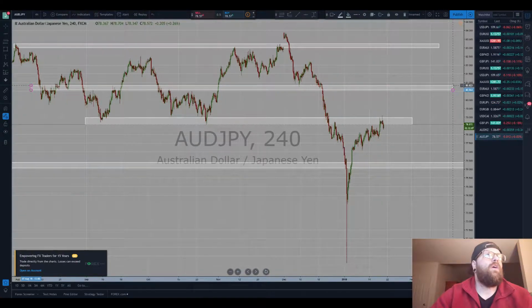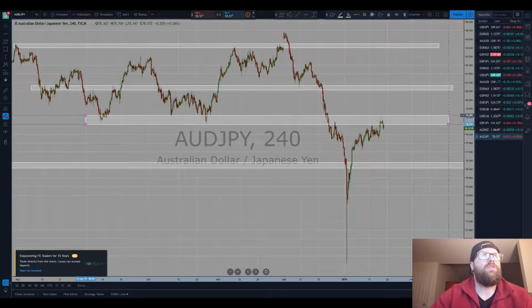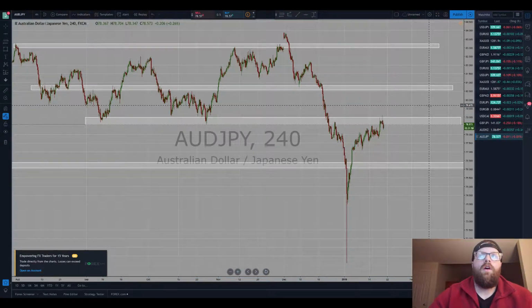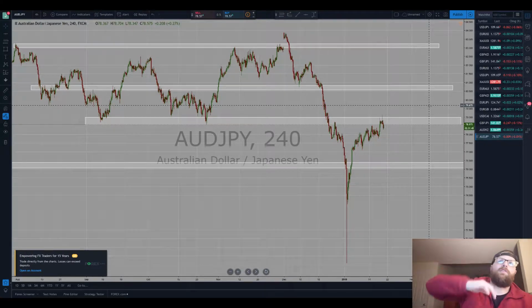And so, why would you use this over using support and resistance? That is a great question, and the biggest reason why I prefer using zones in most situations is because when you're using a horizontal line, that horizontal line represents one price, and that's it. It does not represent anything else.